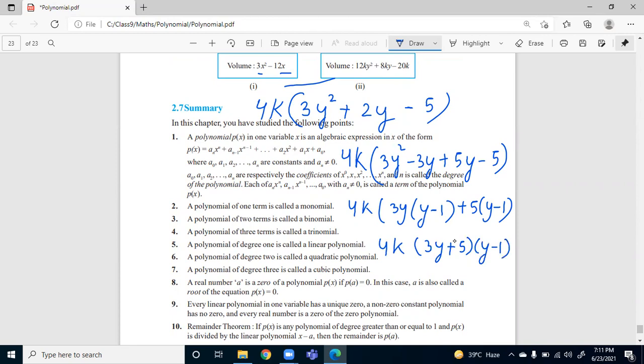So if you compare with length into breadth into height, you can say length is coming out to be 4k, breadth is coming out to be 3y plus 5, and height is coming out to be y minus 1. So basically we have to factorize this.